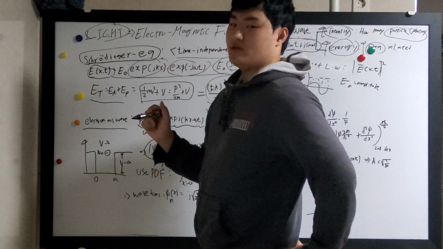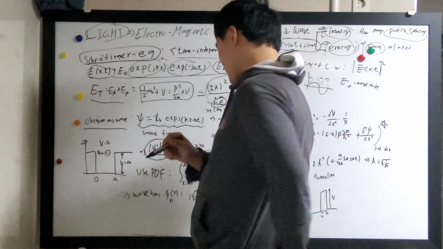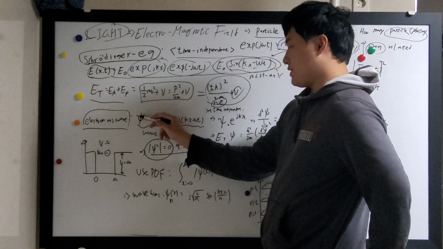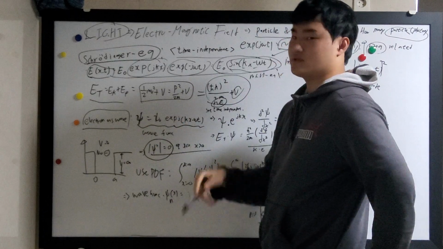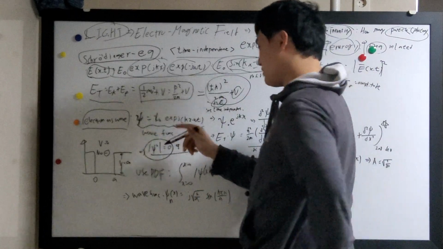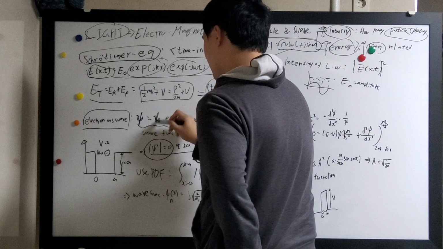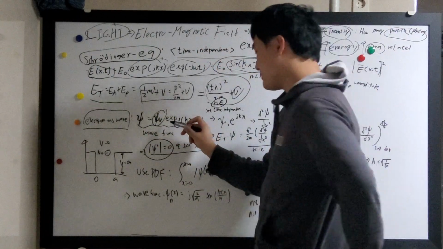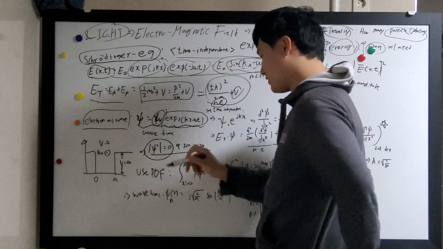So we can see the electron as a wave. Seeing the electron as a wave, the wave function psi is the value of the electron wave in an exponential equation.